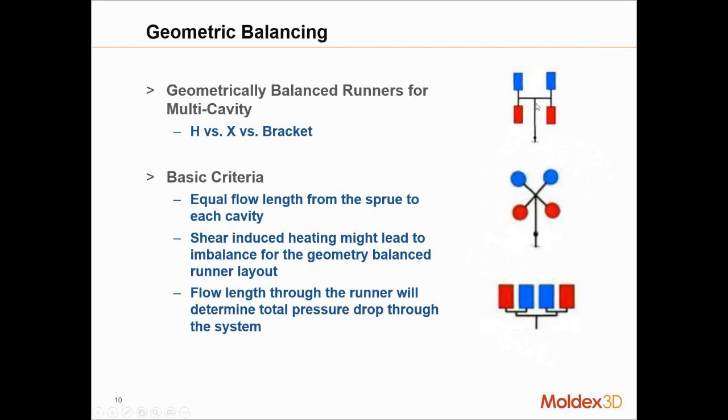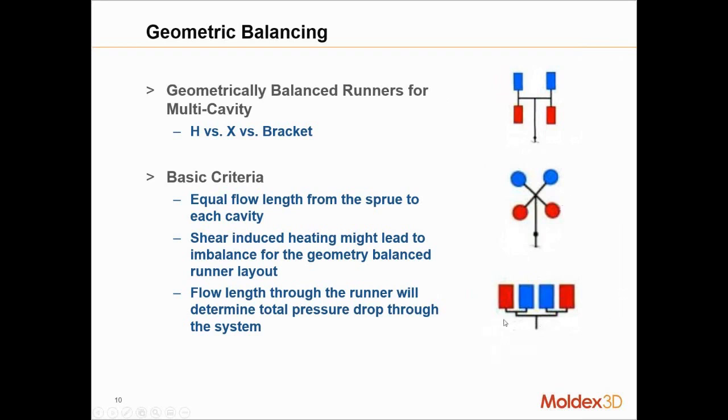The hypotenuse is always going to be shorter than the summation of the two right angle sides. So geometrically, the X layout always has a shorter flow front, but then you start running into issues with the way that this gate is angled, which can impact your mold layout. So there are definitely considerations for using an H layout versus an X layout.